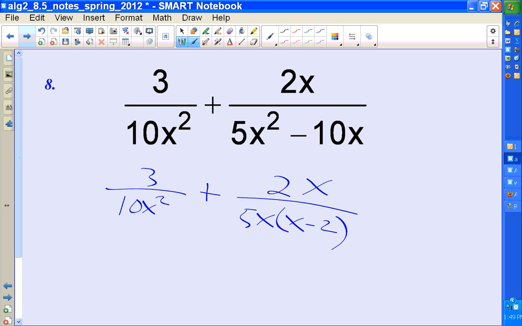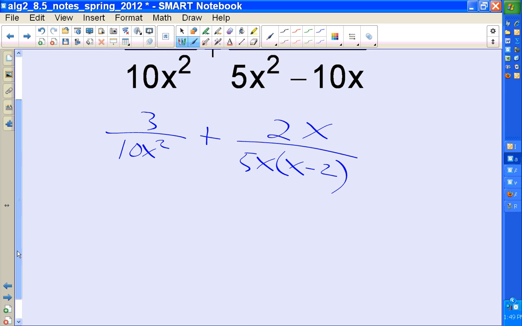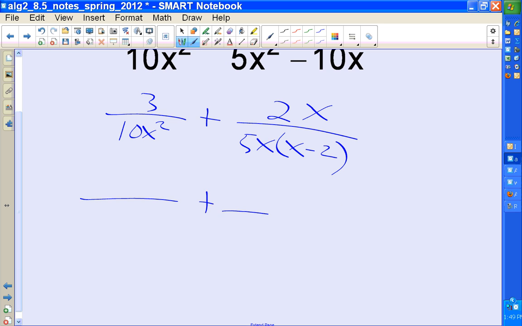All I did was factor the denominator. And again, I know this is a pain. You have to rewrite the whole problem just for one denominator. Do it. What's the LCD going to be now? X minus 2.